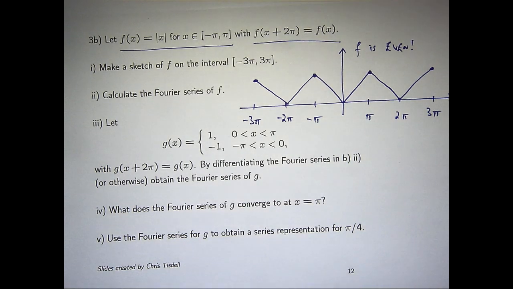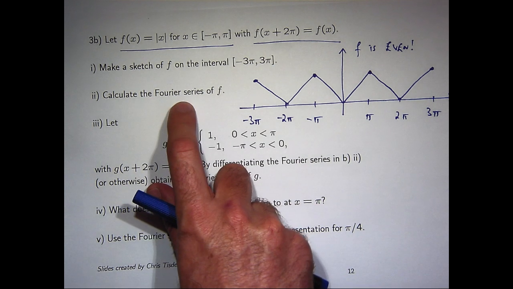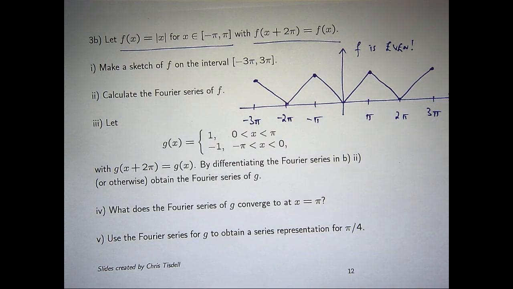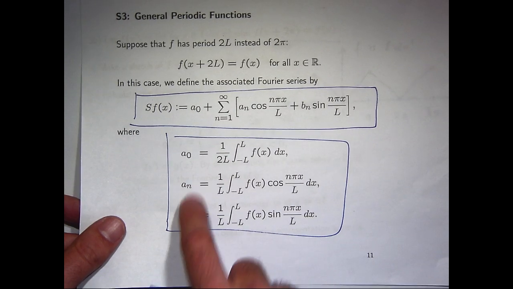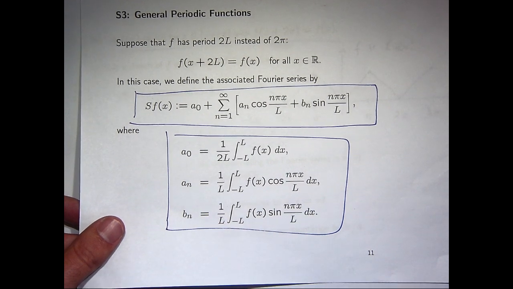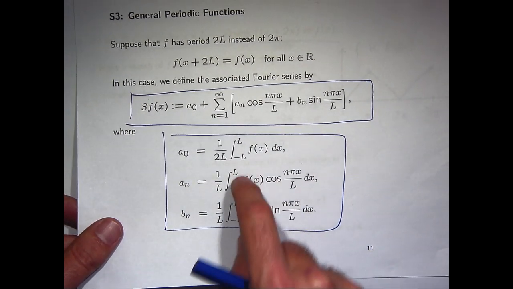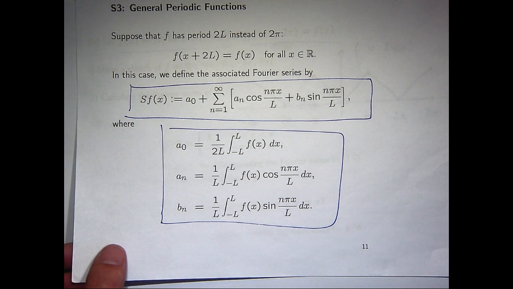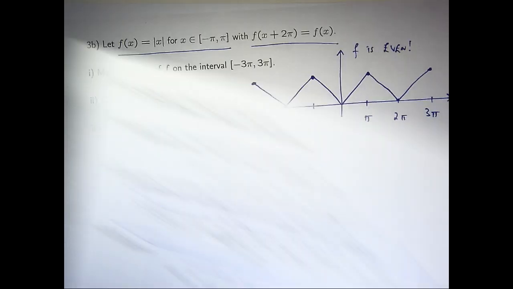Now, in part 2, we are asked to calculate the Fourier series for f. To do that, we calculate these Fourier coefficients through integration. Like I said before, sometimes these things will simplify when we have odd or even integrands.